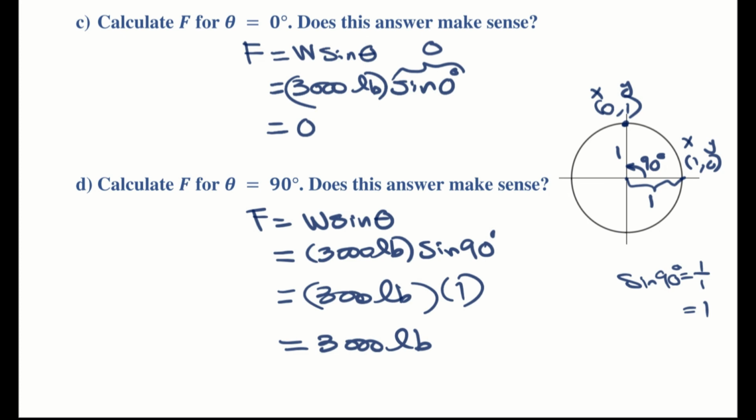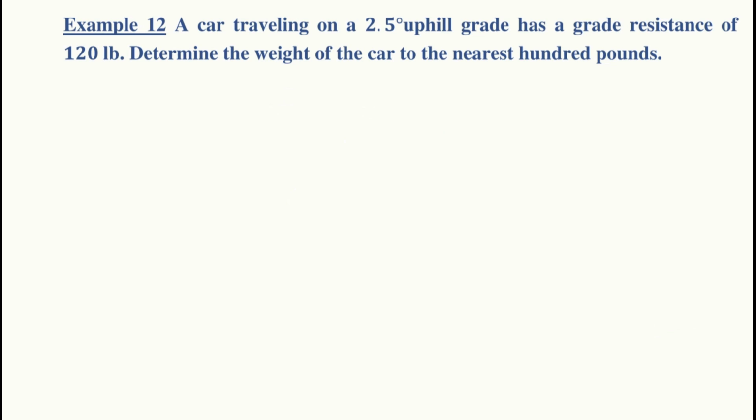All right, this truly is our last example, and here we have a car traveling on a 2.5 degree uphill grade with a grade resistance of 120 pounds. We want to determine the weight of the car to the nearest 100 pounds. Now, this time they're giving you the resistance. So remember the formula, F equals W sine theta.